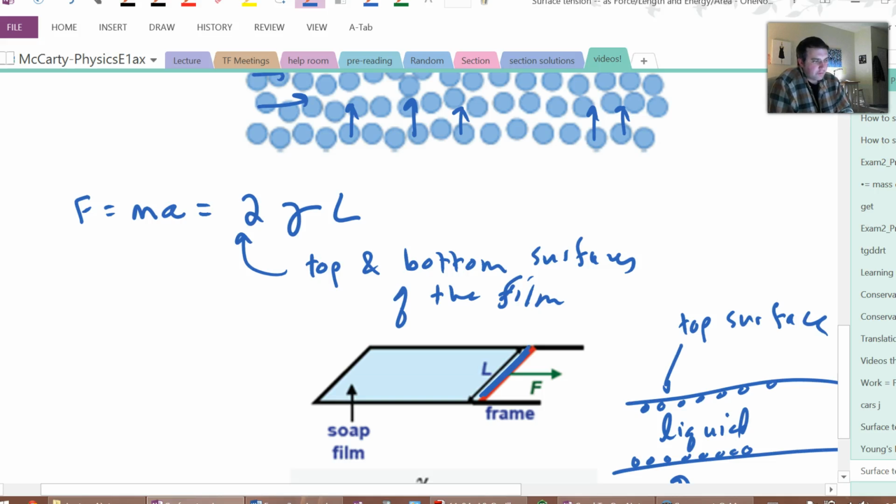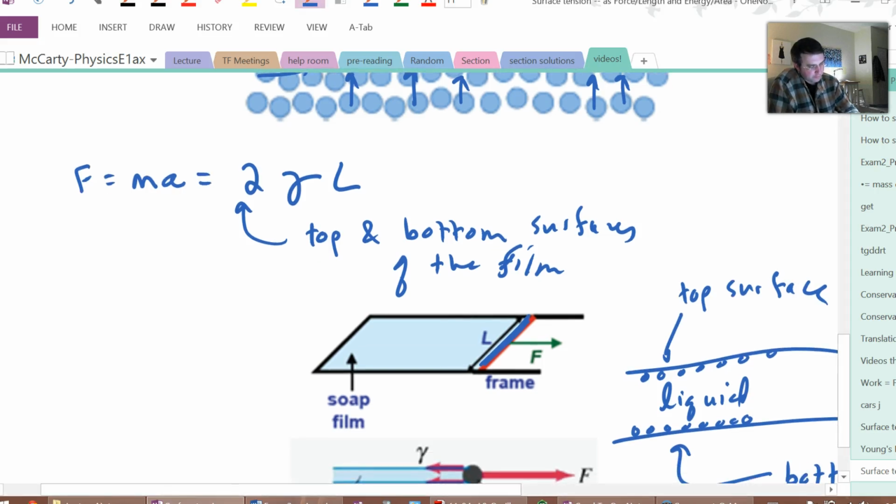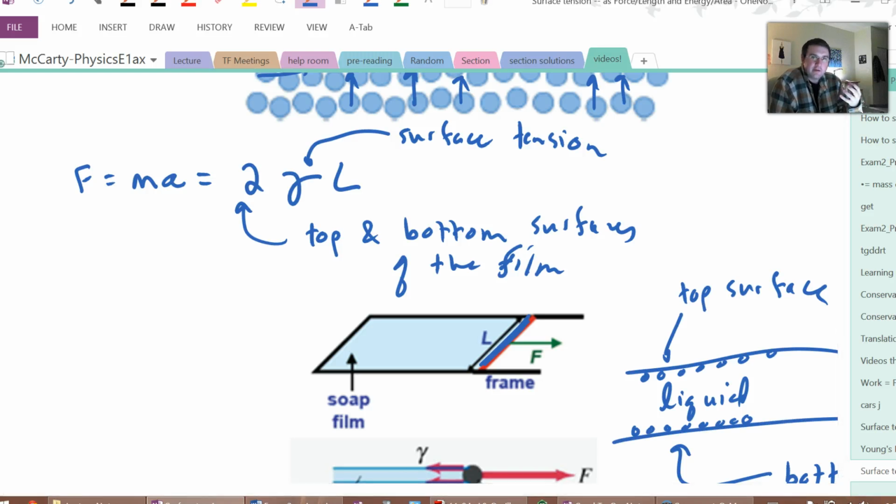Now, if we look very closely, we find that gamma, this term that represents the amount of surface tension, actually has units of newtons per meter. So gamma isn't directly a term that represents tension.